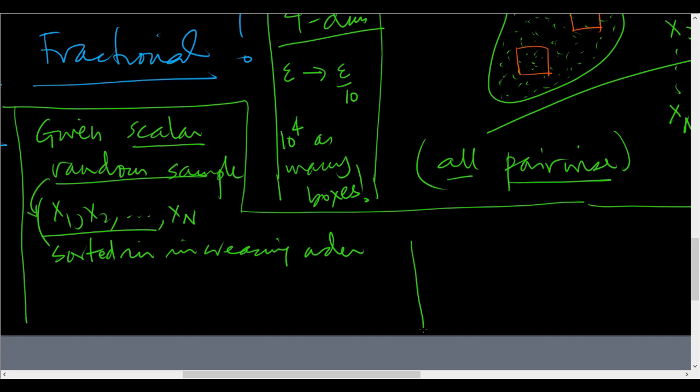Then what I do is I plot this x here, and over here I have this scale that goes from 0 to 1. Over here I have xk, and over here I have a graph of k over n. This is called the empirical cumulative density function.